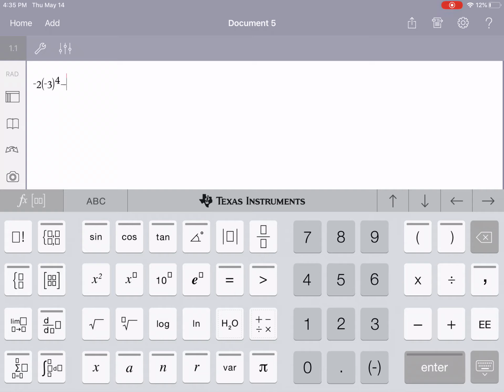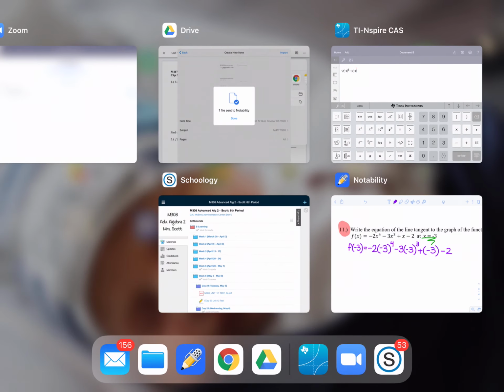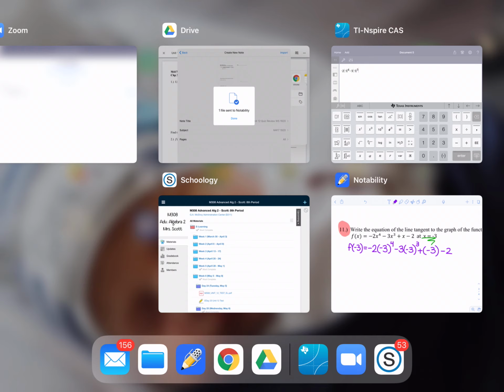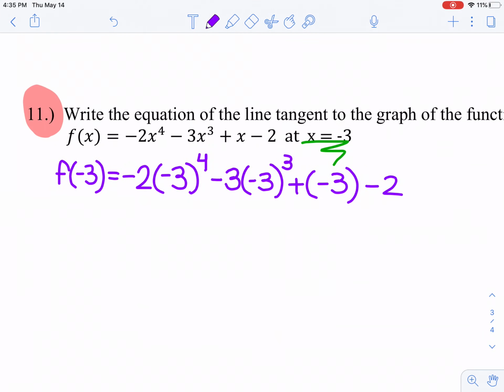Instead of a negative, I should do a minus, and then it's 3 parentheses negative 3 to the 3rd. And then, sorry guys, I wish I could memorize this easier, plus negative 3 minus 2. Okay, so I'm getting negative 86.